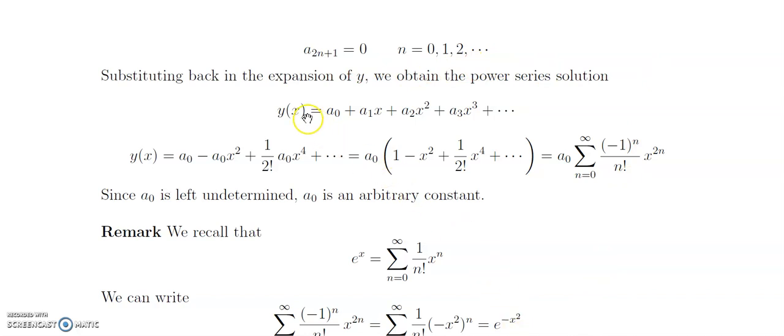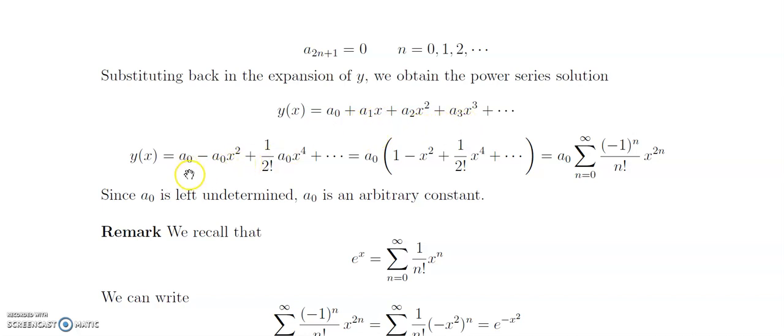So now we substitute into the solution a0 plus a1 x plus a2 x squared, and so on. Remember that a1 is 0, a3 is 0, so we will get no odd powers here.